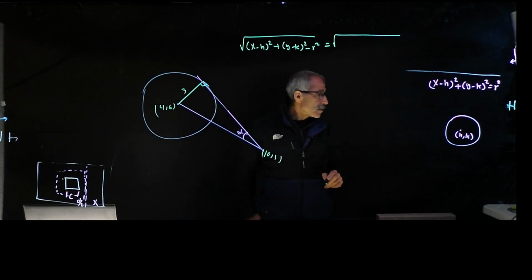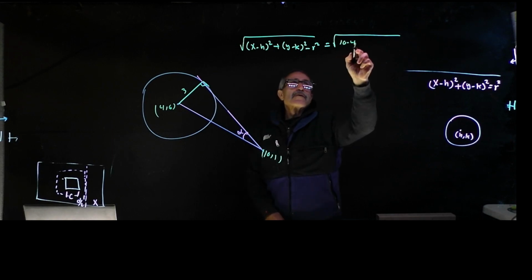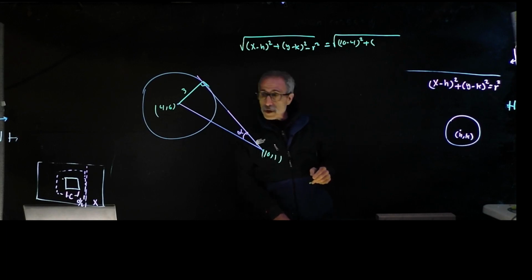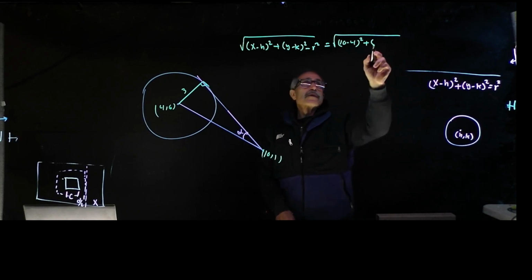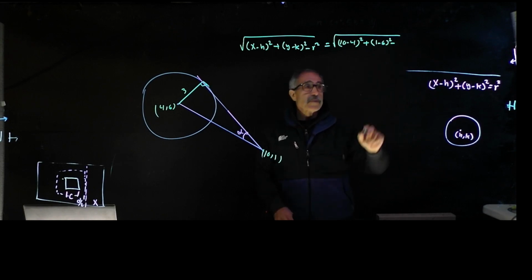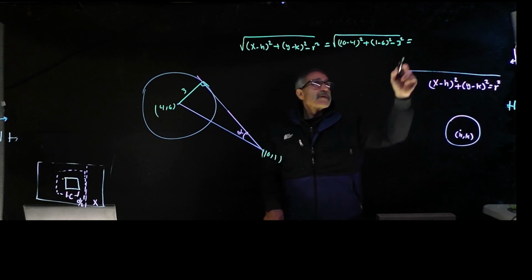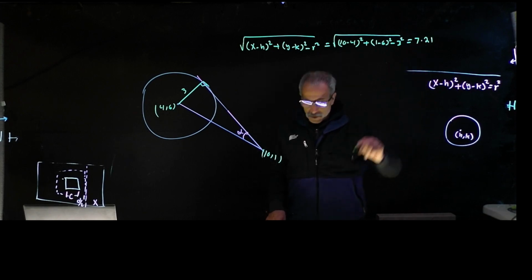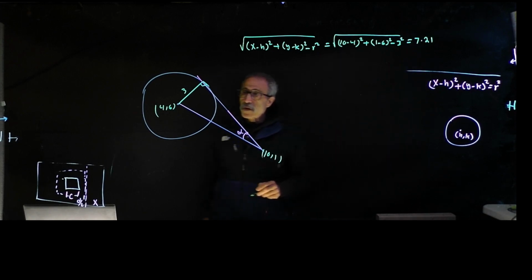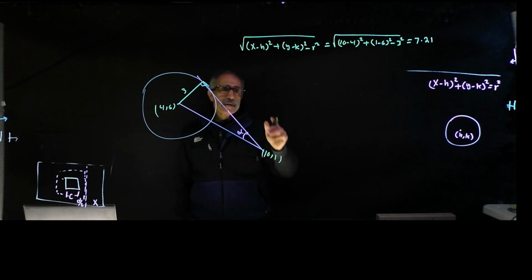So now I'm going to have 10 minus 4 squared plus 1 minus 6 squared, and then minus 3 squared. That gives me 7.21. Okay? So now the tangent is what? Opposite divided by adjacent, right?